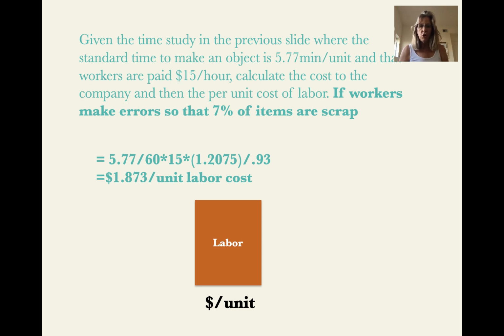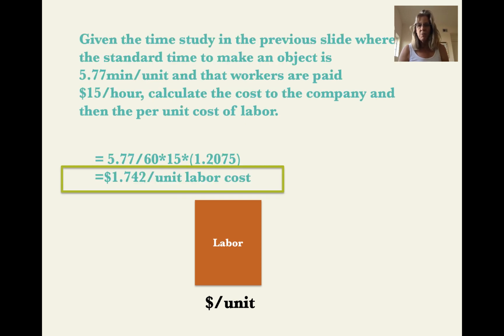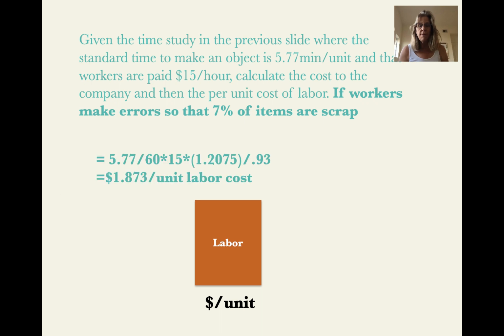And that gives us a unit cost of $1.873. If we go back to the previous one, it used to be $1.742. This one is $1.873. You can see the cost went up because the scrap, or the quality, went down.